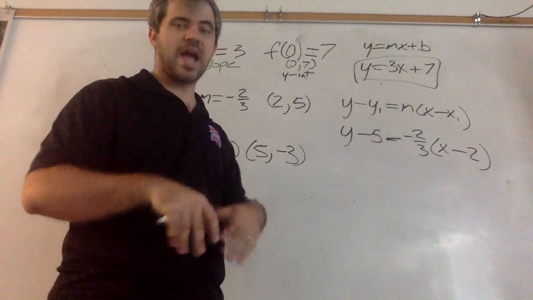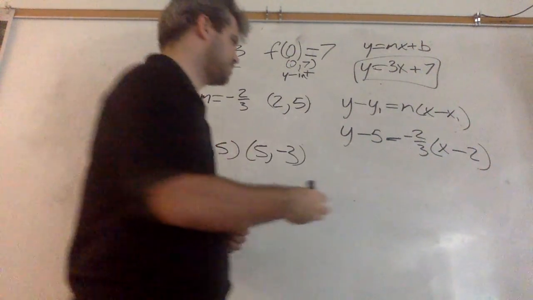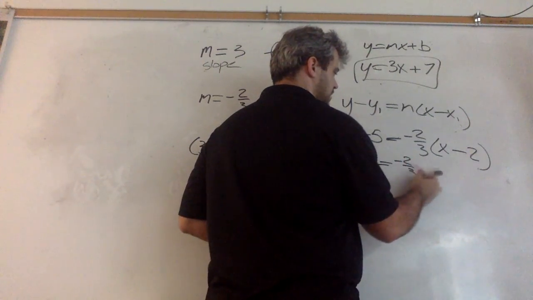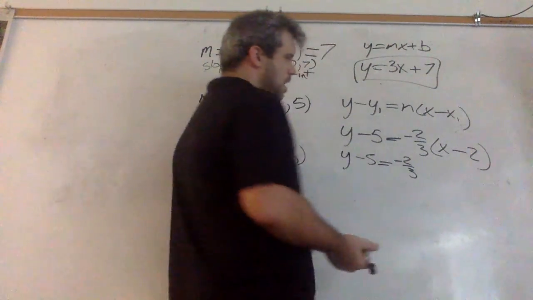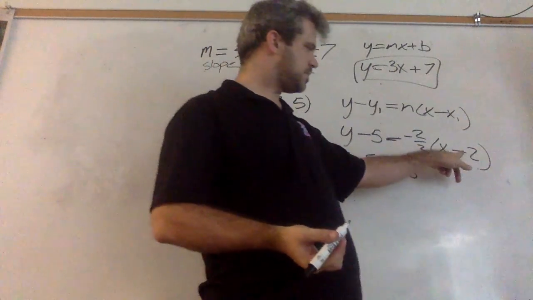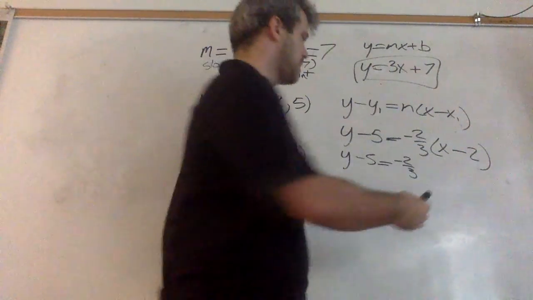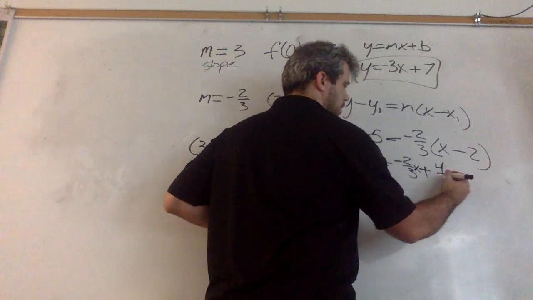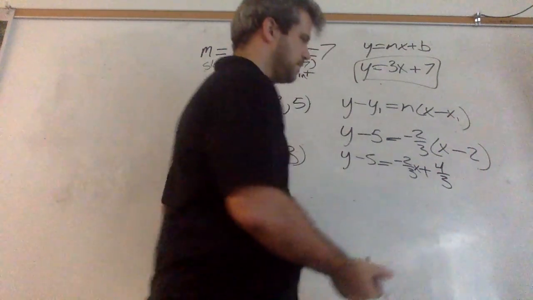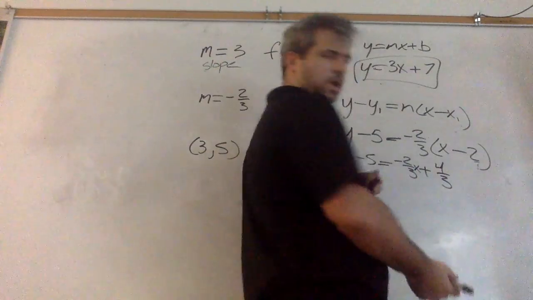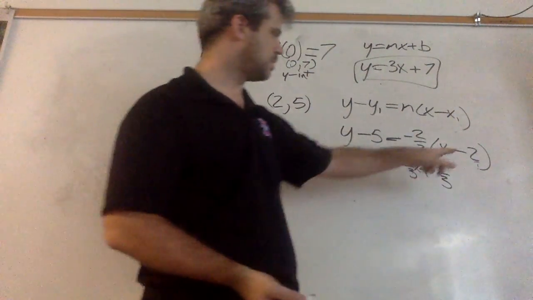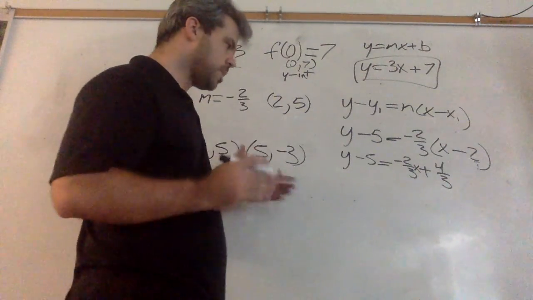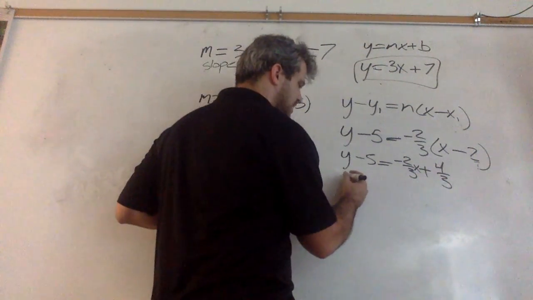All right, and now we just do a little algebra. So y minus 5 equals negative 2/3 times... negative 2/3 times negative 2 is positive 4/3. Okay, remember this is just over 1. So multiply the top, multiply the bottom. Almost there, we almost have y by itself.